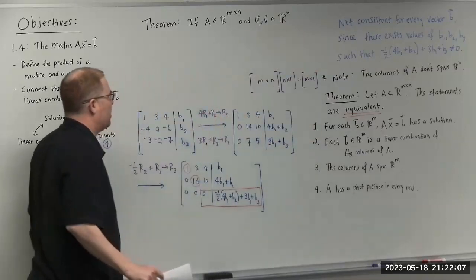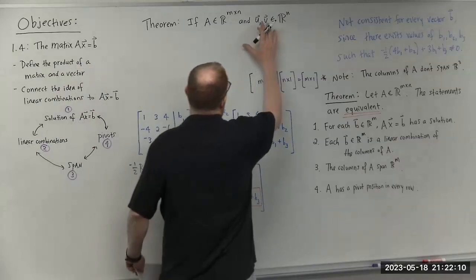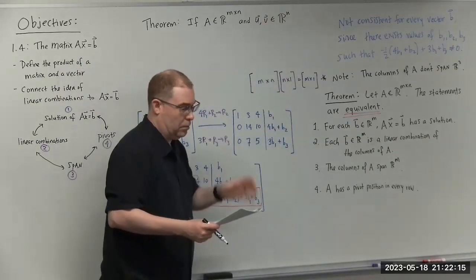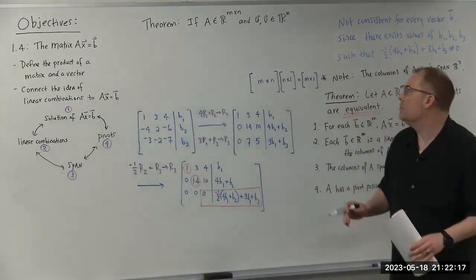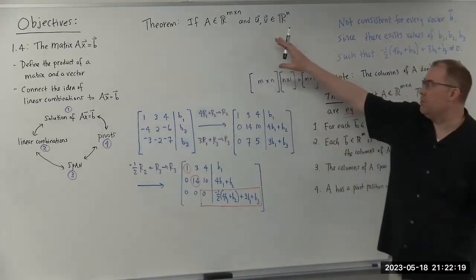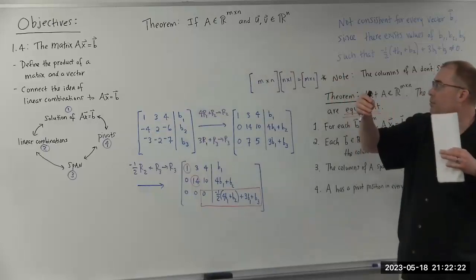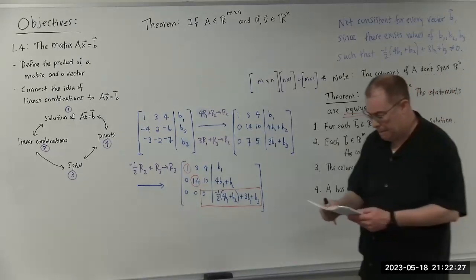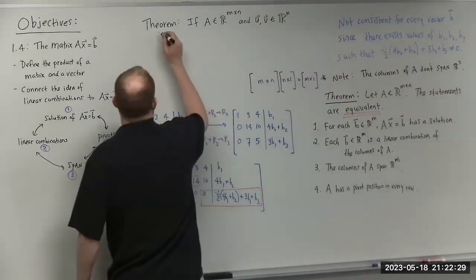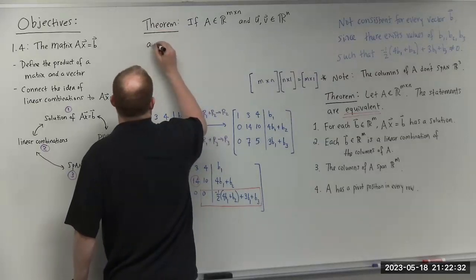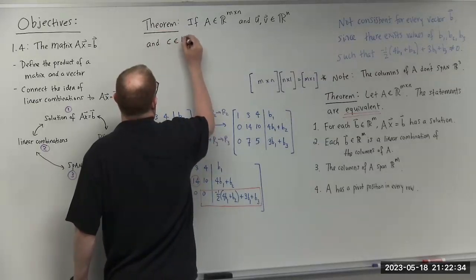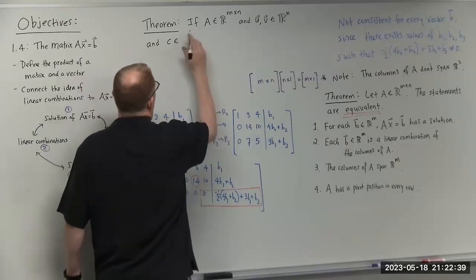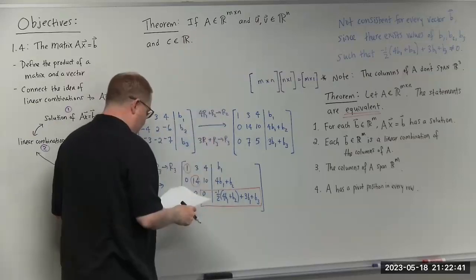We'll get to that in chapter 4. So for right now, just assume that the vectors U and V have n number of entries. And we have C, which is just a real value, basically a scalar.